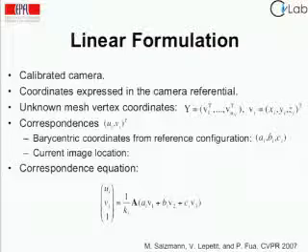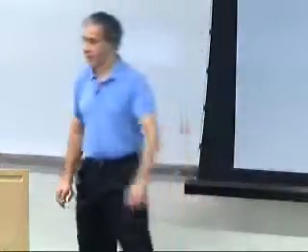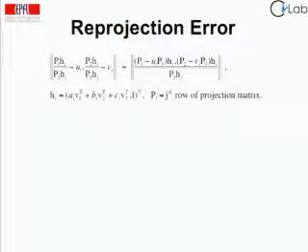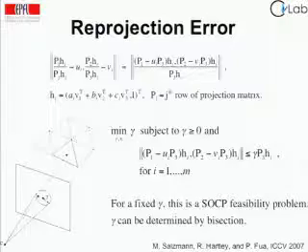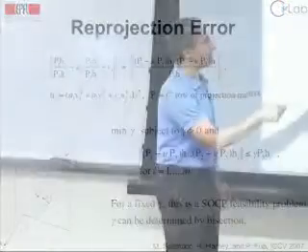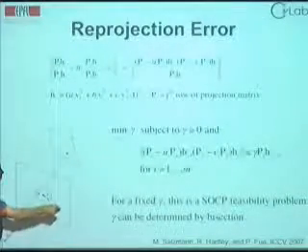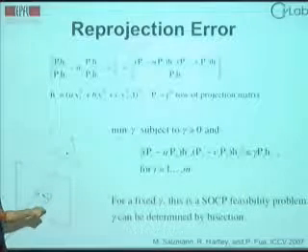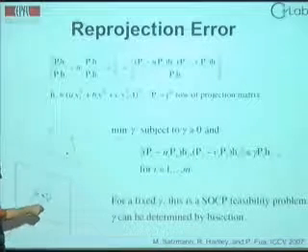So let's go back. I have said that every constraint, every correspondence gives us a linear equation of that sort. So we can just rewrite it. It becomes this. This is what we're trying to minimize. And it turns out that minimizing this for each correspondence can be expressed as, well, you take this, you send this to the other side, you multiply by this, and what we want to say is for each correspondence, we want the reprojection error to be smaller than some gamma, and that is an SOCP problem.